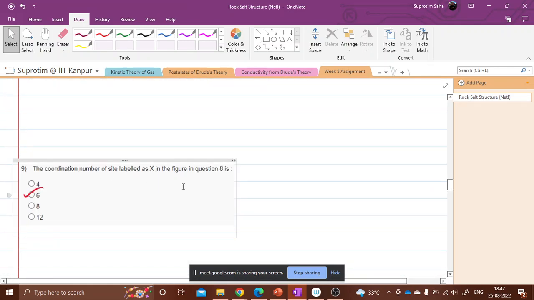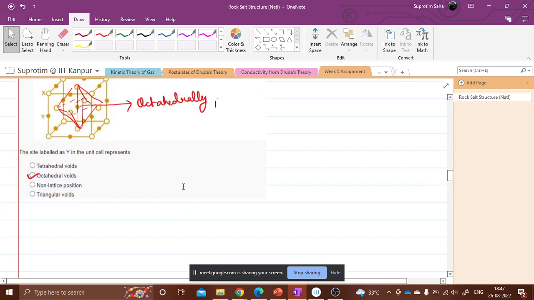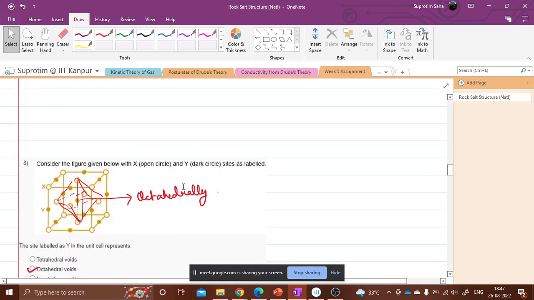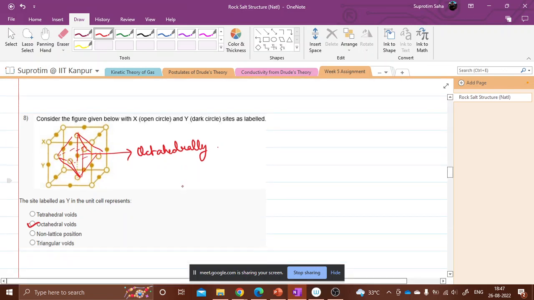Now the coordination of the site labeled as X in the figure. X is the open circles. Basically they will have 6 neighbors: in this direction, in this direction, in this direction, and this and above it.